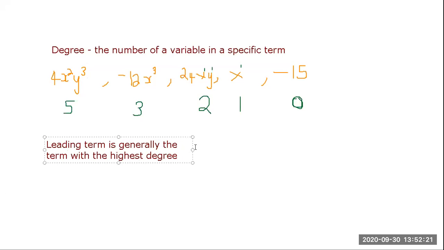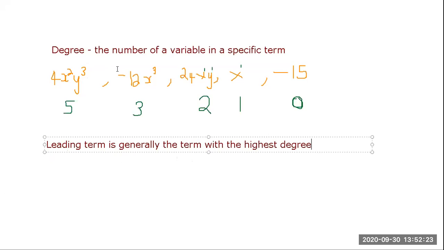If I changed this to a polynomial by putting plus signs in between them, 4x squared y cubed would be my leading term because it has the highest degree. Leading term means it comes first.